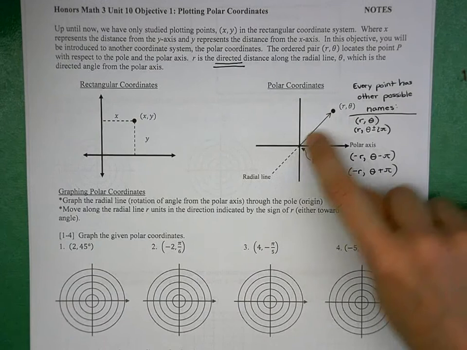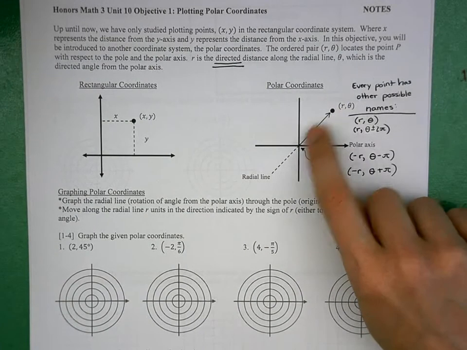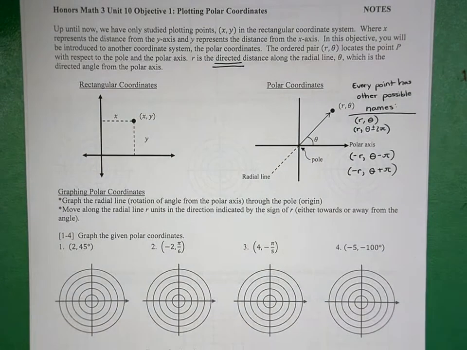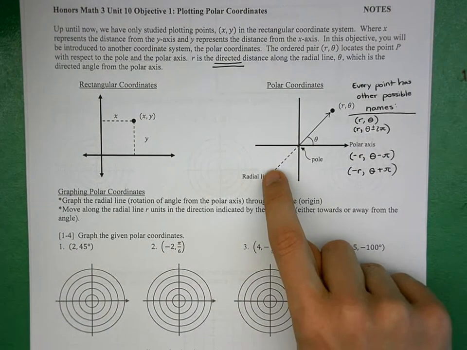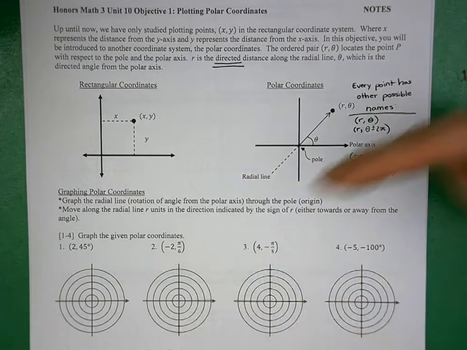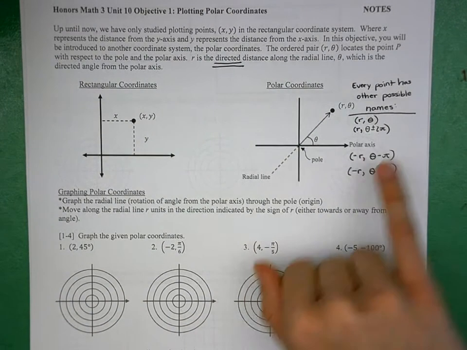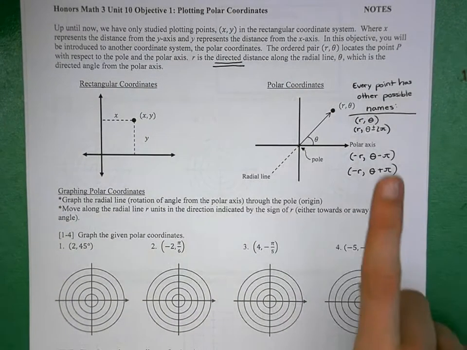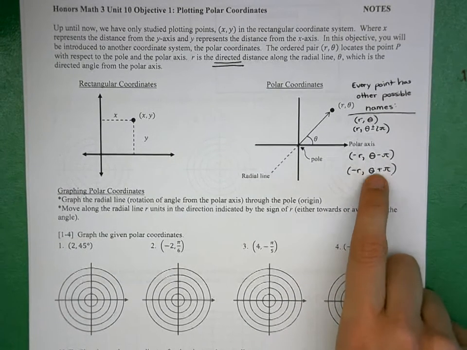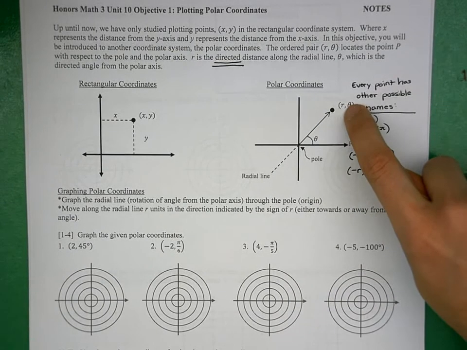And so while this is still pi over 4 here, if this was negative 4 for my r, I would be going 1, 2, 3, 4 away from my angle, right? And so negative 4, pi over 4 would put me out here, moving away from the pi over 4 angle. Okay, so why these two angle names also give me the same coordinate point is this. Take a look at your angle first. If I subtracted or added pi to my original theta, remember my original theta was, we guessed, about pi over 4.